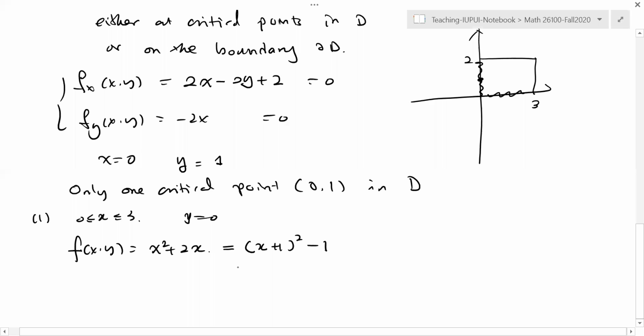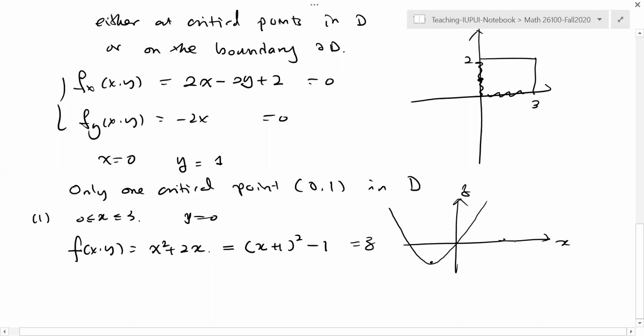It's clear that if we draw the graph, let's just use z and x. The vertex is here, when x equals 0. This is a parabola opening like that.